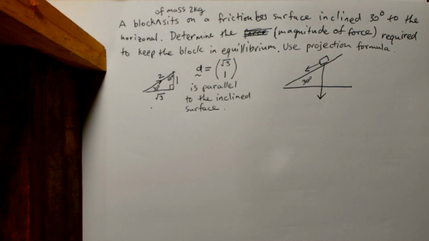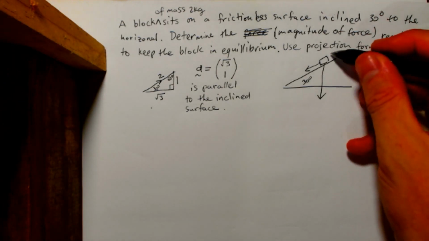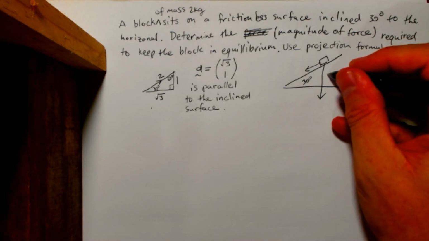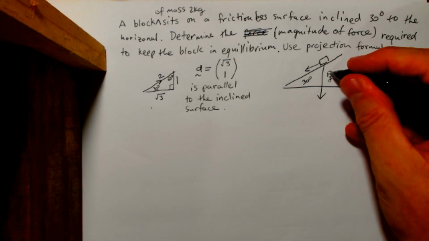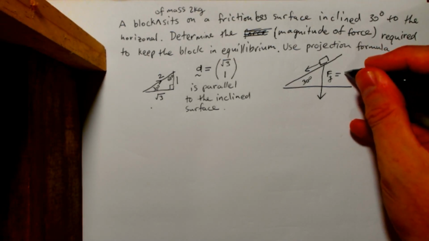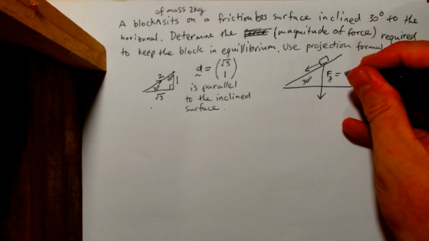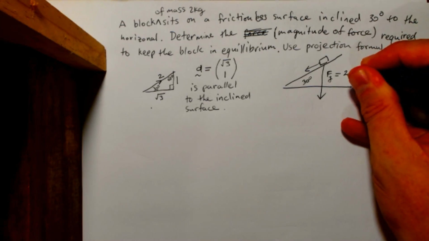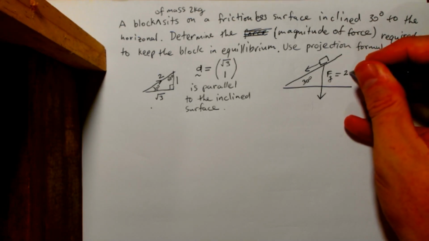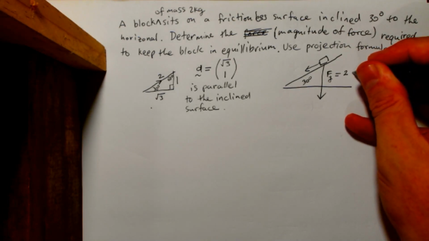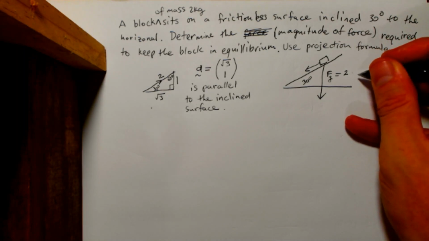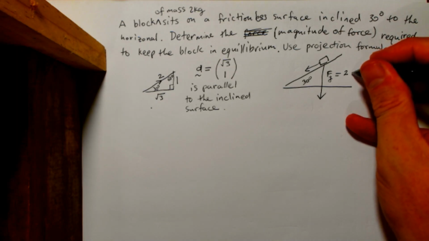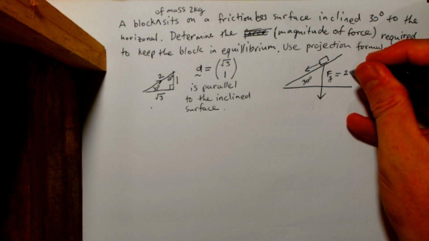Okay, so now that we have a vector parallel, let's just pull this diagram out. So this is the force here due to gravity, and so that's mass times gravity. So we've got a mass of 2 kilograms, and so this is the magnitude of the force, which would be 2g, or 2 times 9.8 meters per second squared. But to keep the math simple, let's call that 10 meters per second squared.